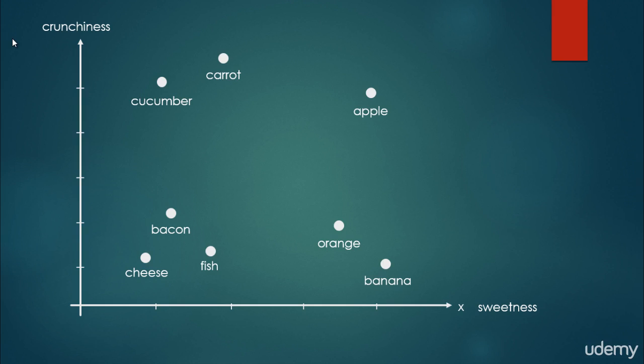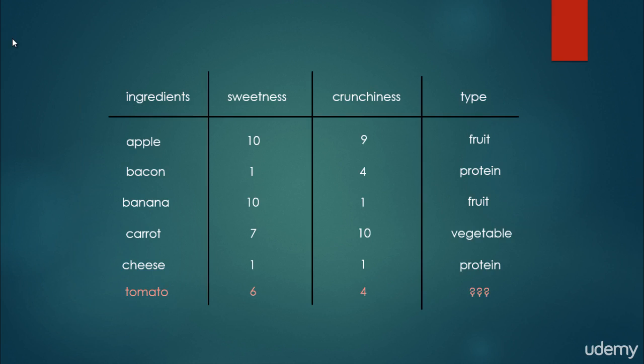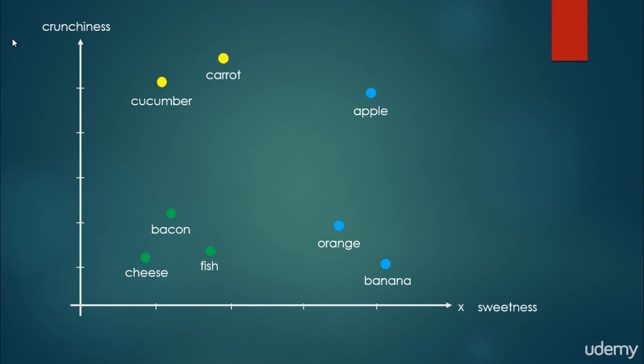The cheese, the fish, and the bacon have a very low sweetness parameter and a very low crunchiness parameter. But for example, vegetables have a high crunchiness parameter, but they're not so sweet. Fruits are sweet in the main, so we can classify it something like this.